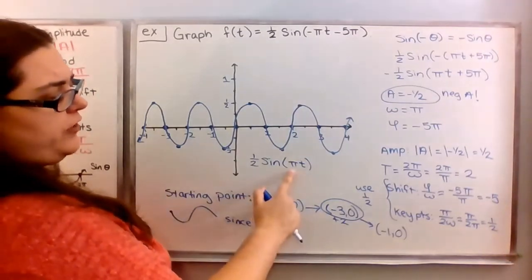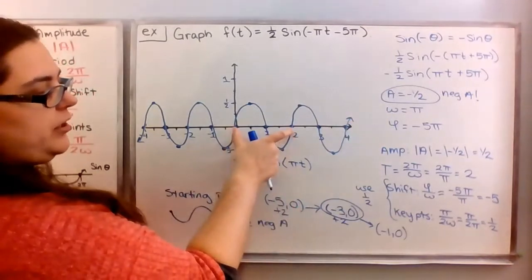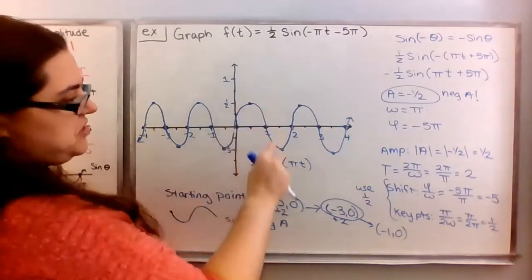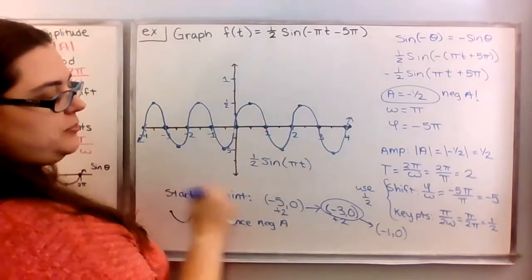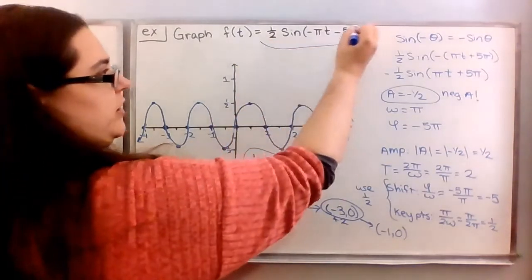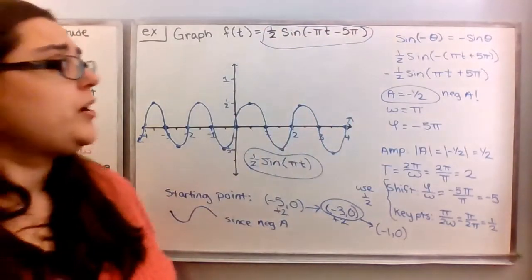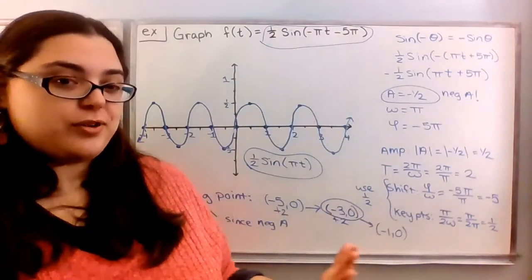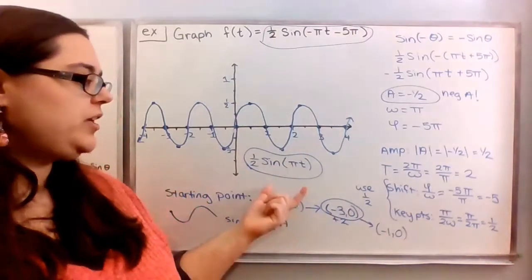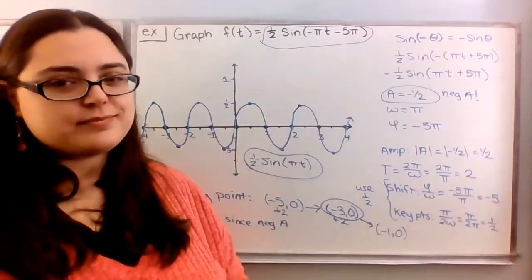If I use pi as my omega, I have the same period, and that just looks like my usual sine function. So this expression and this one here are the same. Sometimes when you go to graph a sinusoidal function, you notice there were easier ways to express that function than what we were given initially.